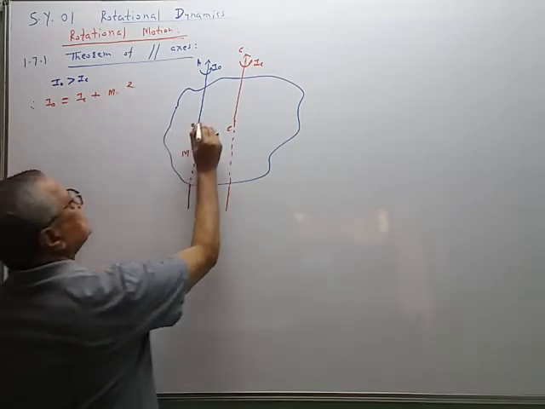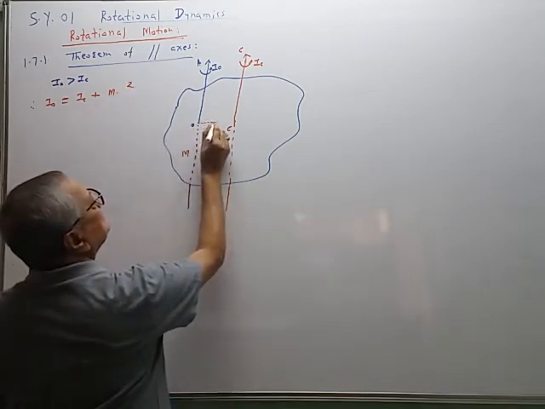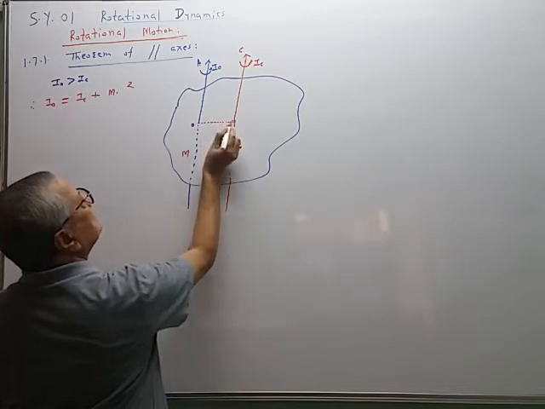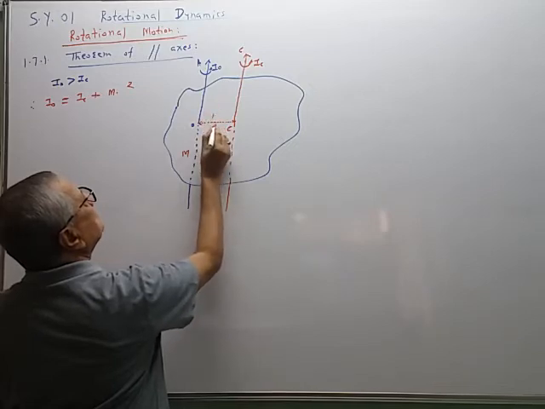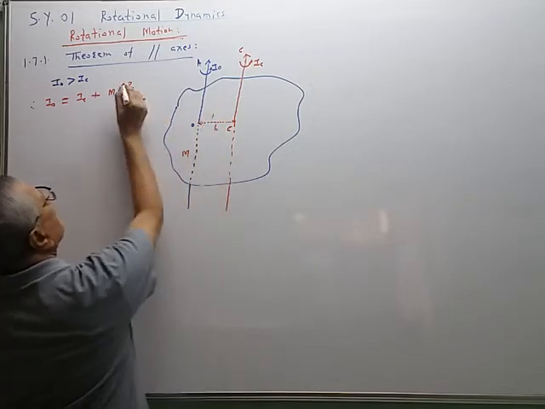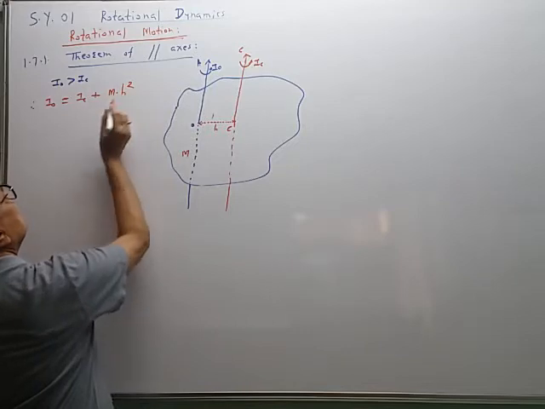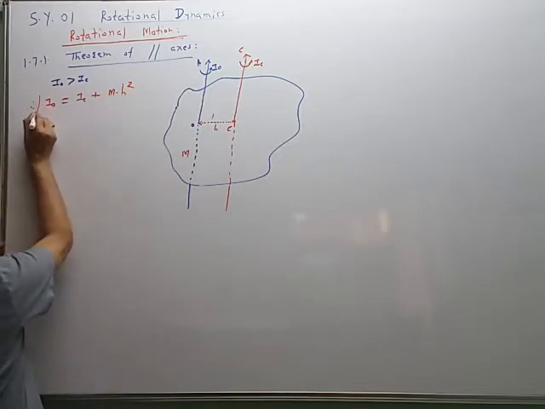That distance is this distance, the distance between O and C, the distance between the two parallel axes. So now the equation is dimensionally correct.